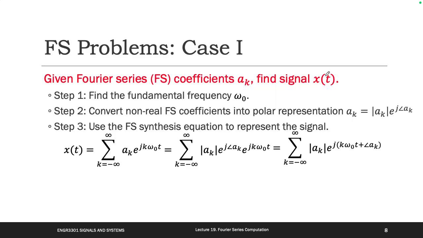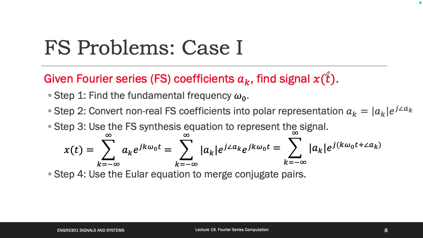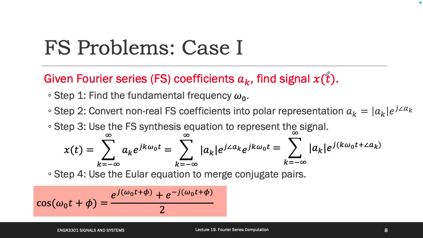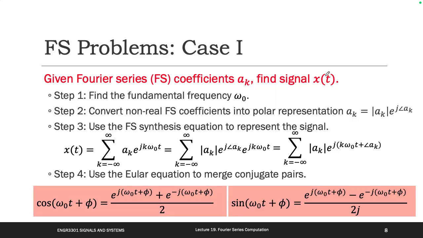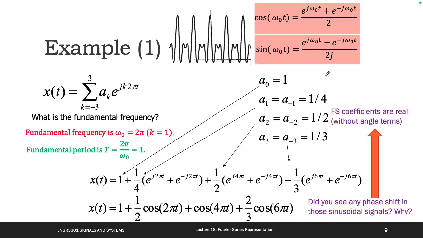Okay, it's the same thing. Use the Euler equation to merge conjugate pairs, which can be transferred to sinusoidal signals. For this, it's like an Euler equation. Just remember those two. When we have the midterm, just put those two equations in your cheat sheet. And then you can see we have already discussed this example.